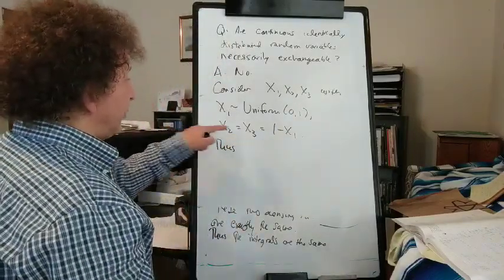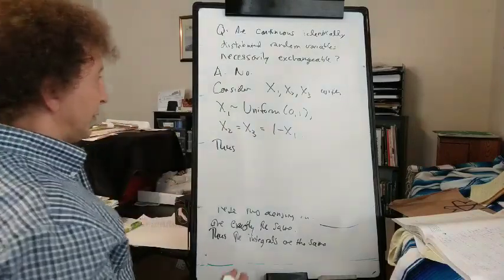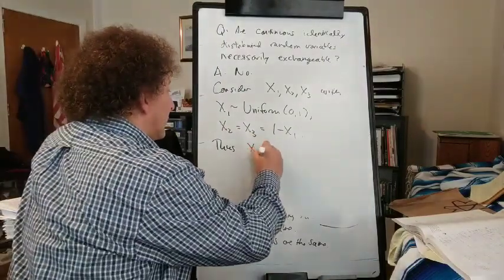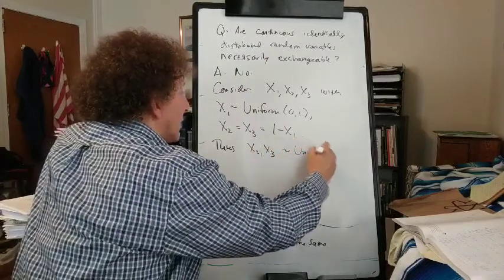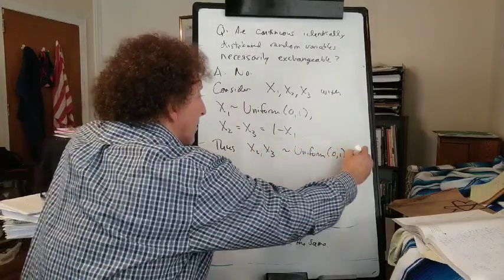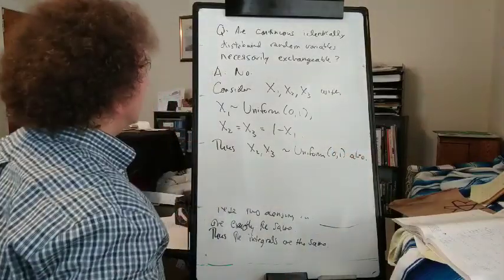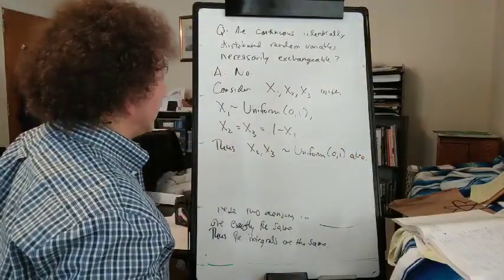So that means that X2 and X3 end up being uniform on 0, 1 also. So these are identically distributed.